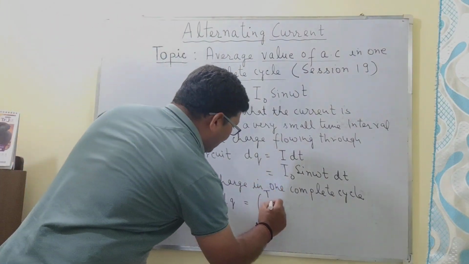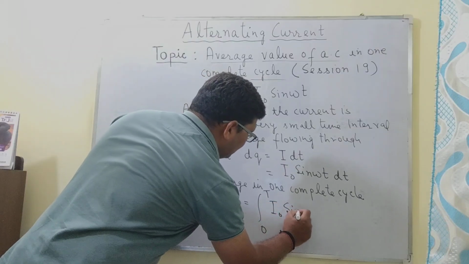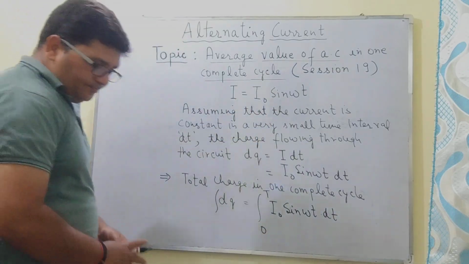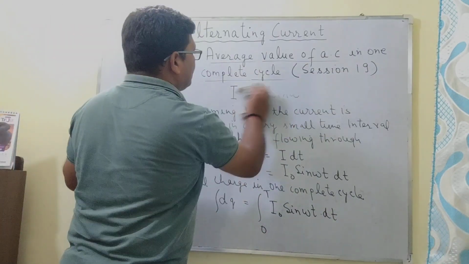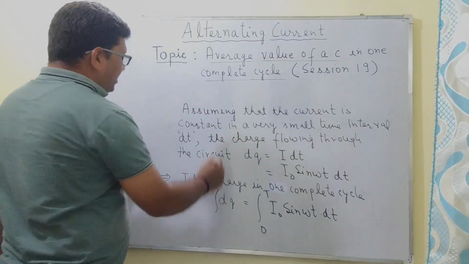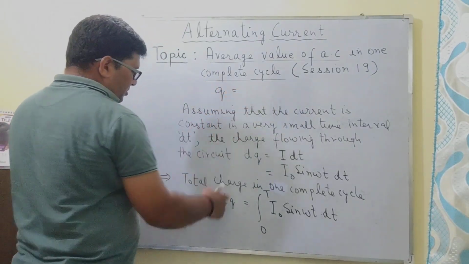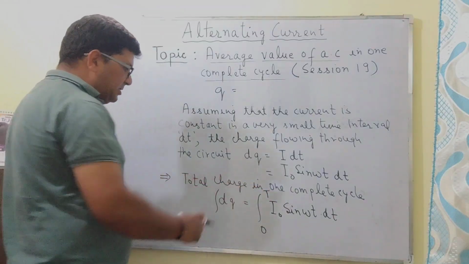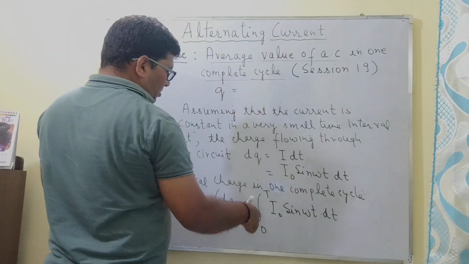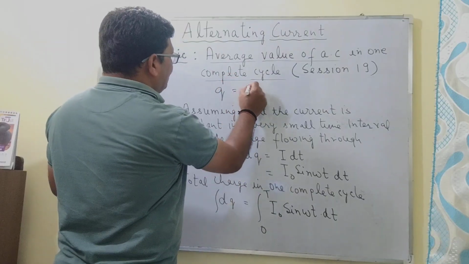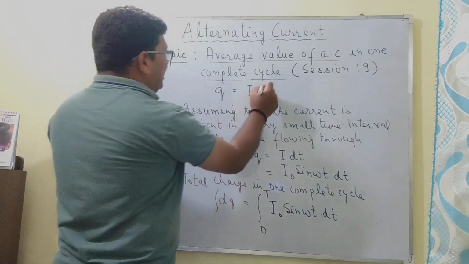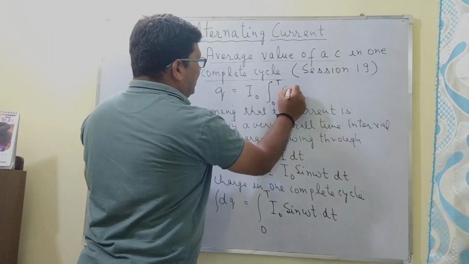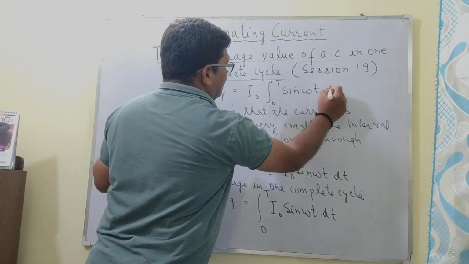So this will be equal to the integral of I naught sine omega t dt. Here Q, the total charge flowing through the circuit in one complete cycle, will be equal to I naught, which is a constant and is taken out, times the integration within the limits of 0 and T of sine omega t dt.